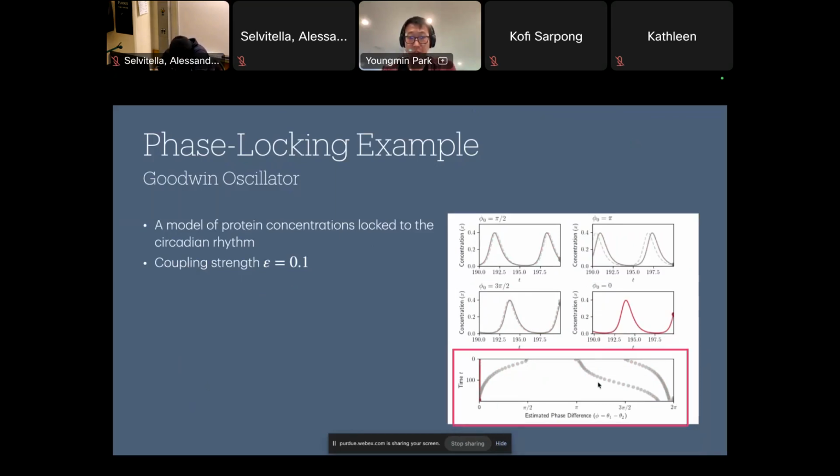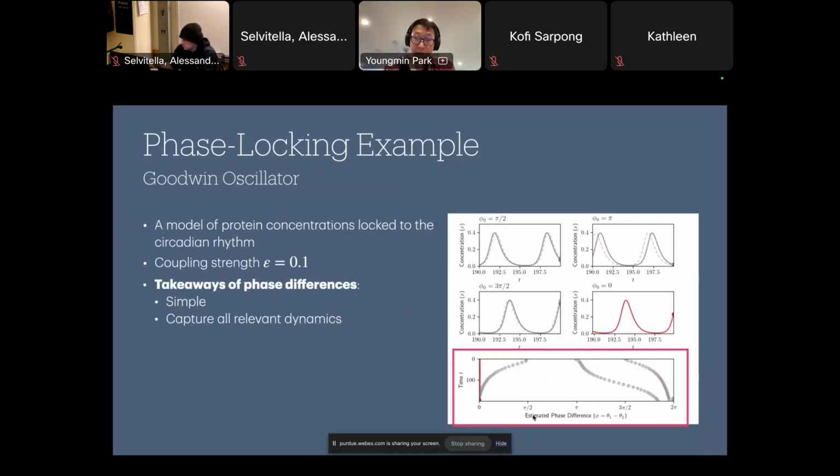So the takeaway about phase differences is that it's very simple. This plot down here fully describes everything that's going on above, but in a much simpler plot. It captures all of the relevant phase dynamics, because personally, I only care about phase difference dynamics. I want to see where they converge to over long times, or just over some time.